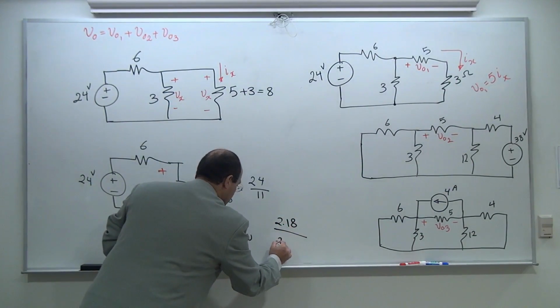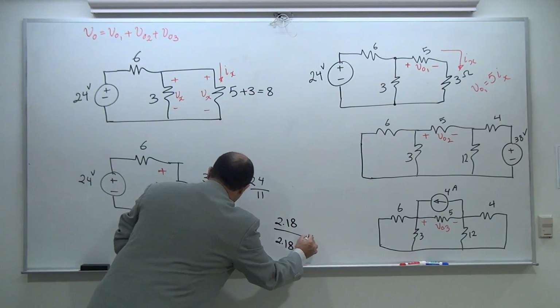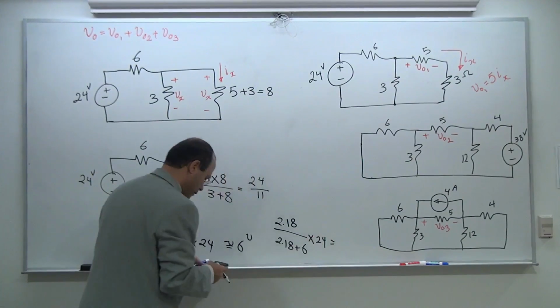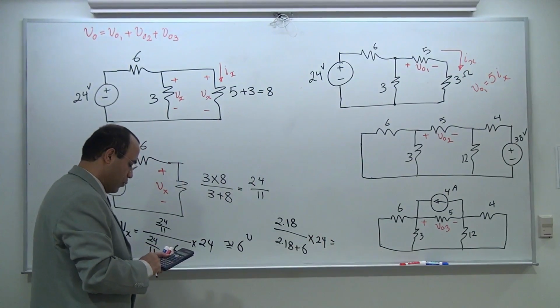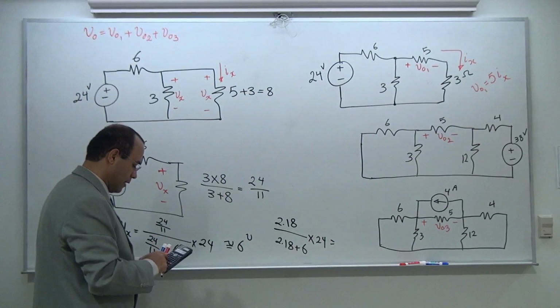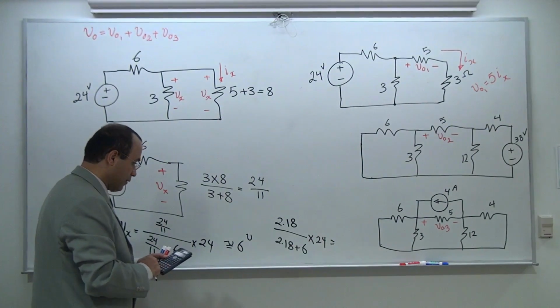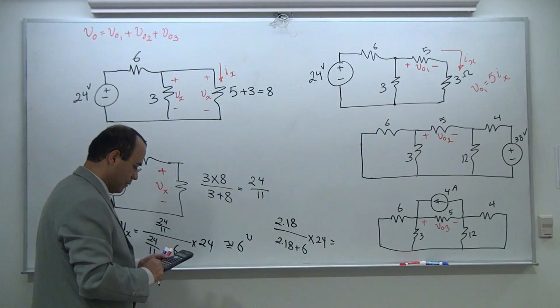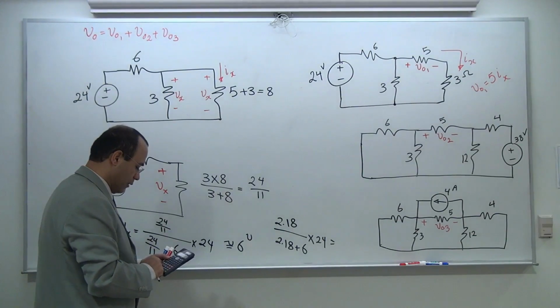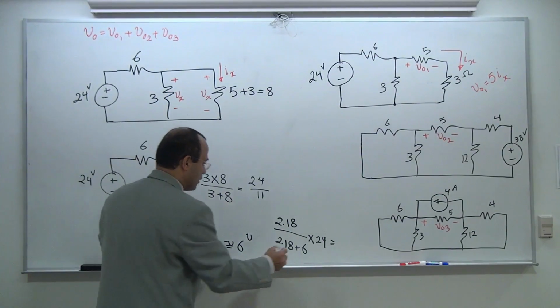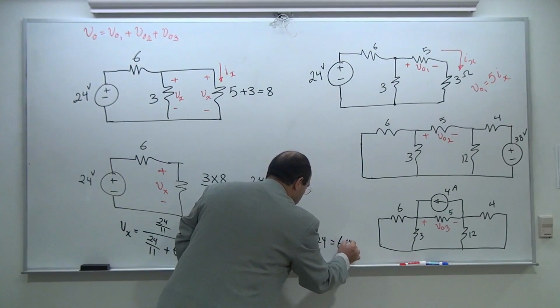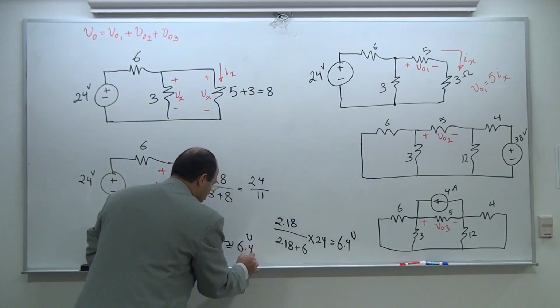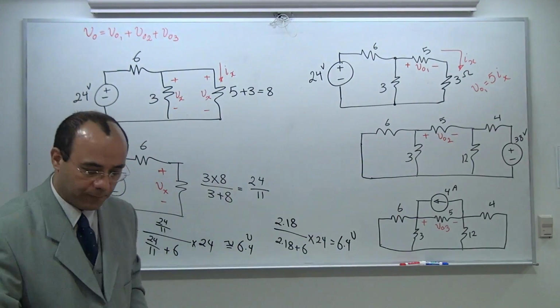2.18 divided by 2.18 plus 6 times 24. Let's see. We've got 6.4. So that's going to be 6.4 volts. Okay.